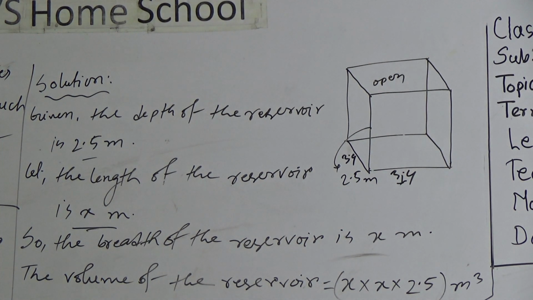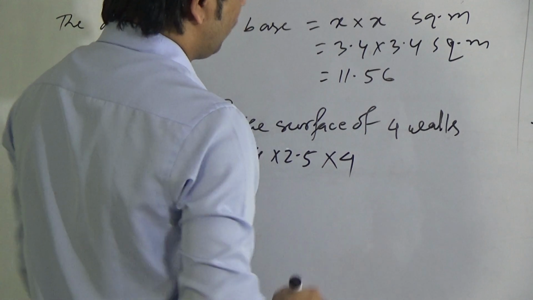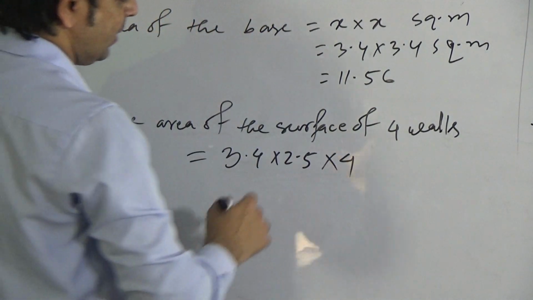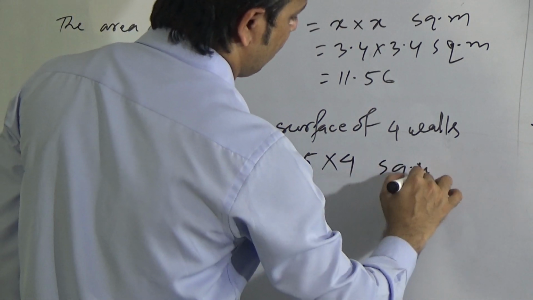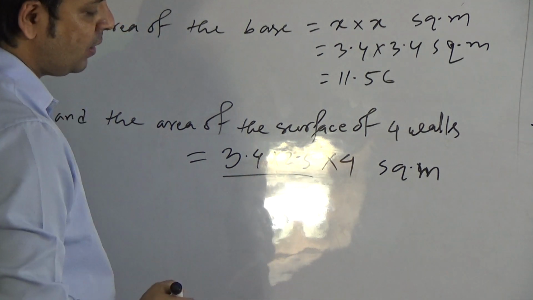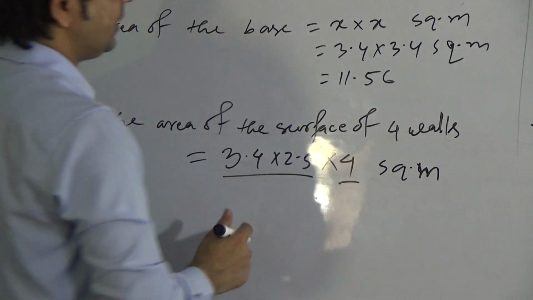So if we determine the area of one wall, that is if we multiply 3.4 by 2.5, this is the area of each wall, so the area of 4 walls, or surface of 4 sides, will be the product of 3.4 into 2.5, this is for one surface, and for the 4 surfaces we have to multiply this by 4.